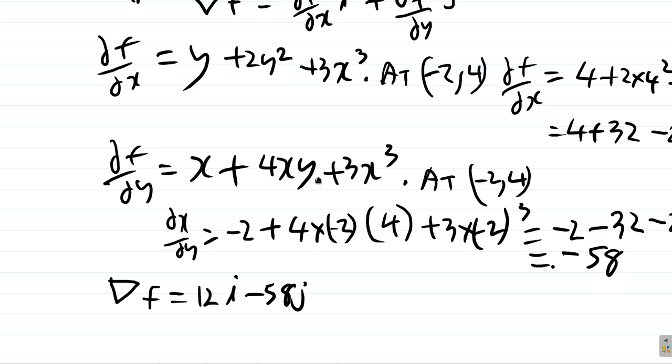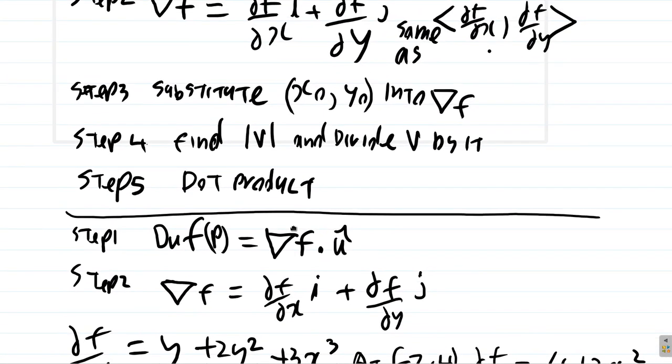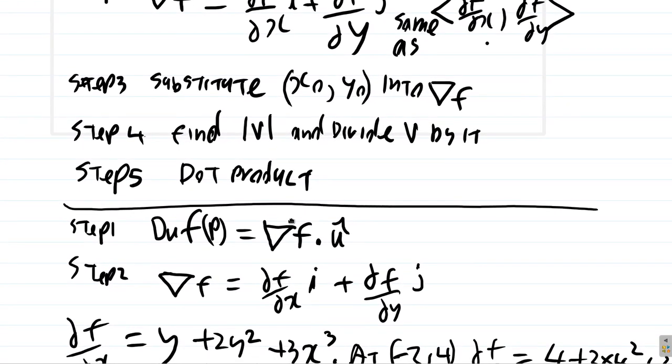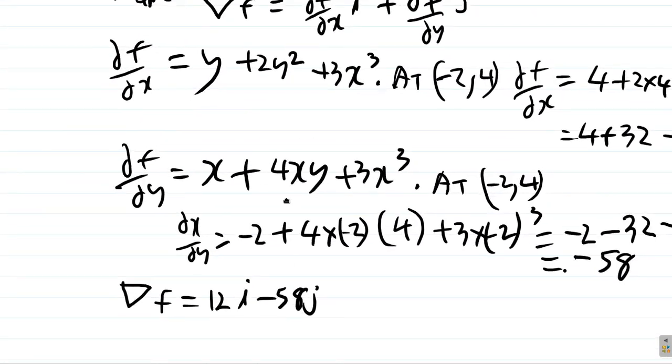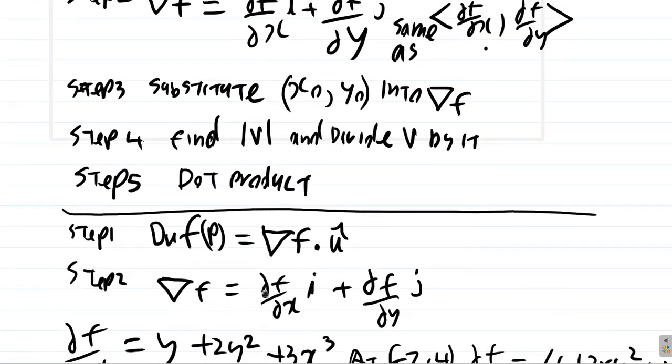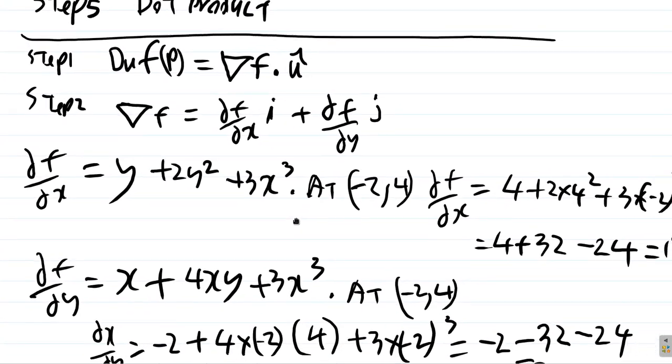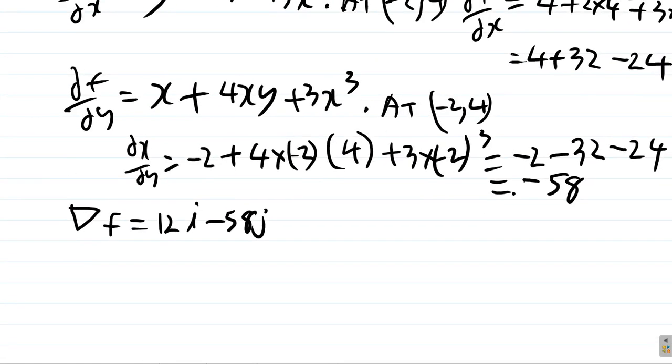Now we want to find out what is the unit vector. So we're at step 4. No, step 3 was to substitute. Yeah, we had done step 3. Alright, step 3 was here after we do the substitution. So now, step 4. Let's write that.